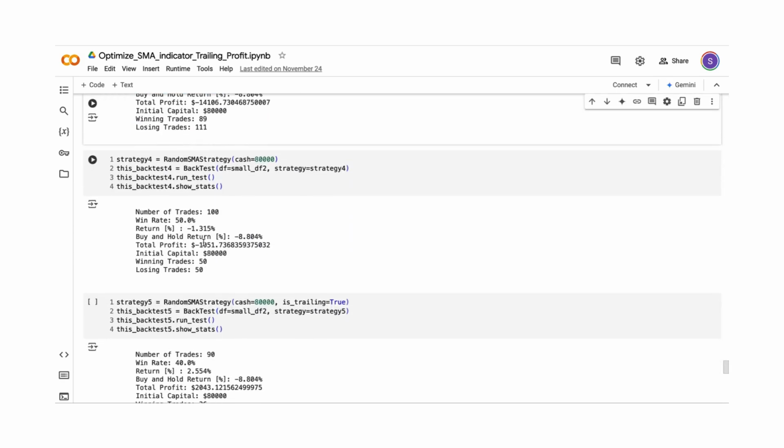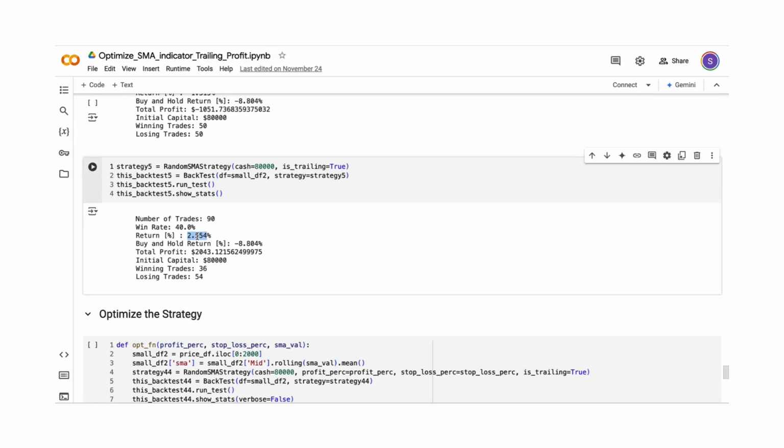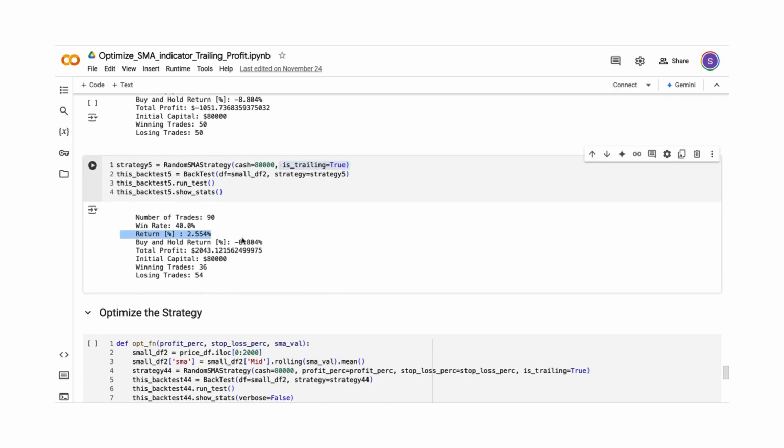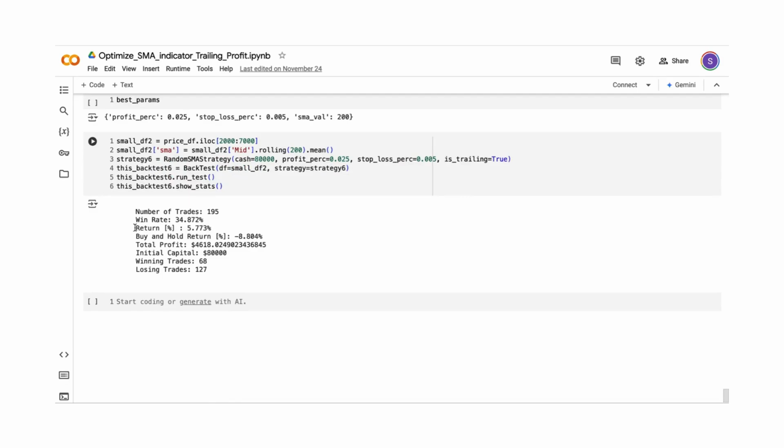Now we do the SMA strategy, we improve over the buy and hold, but still negative returns, minus 1.3%. Now we do the trailing stop loss with the SMA strategy. We are able to get positive returns, 2.5%, and we almost double the returns by simply doing one single trick, which is to add the trailing stop loss here, and we get a return of about 5.7%.